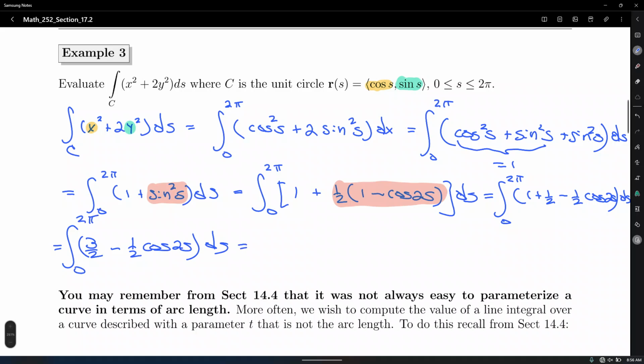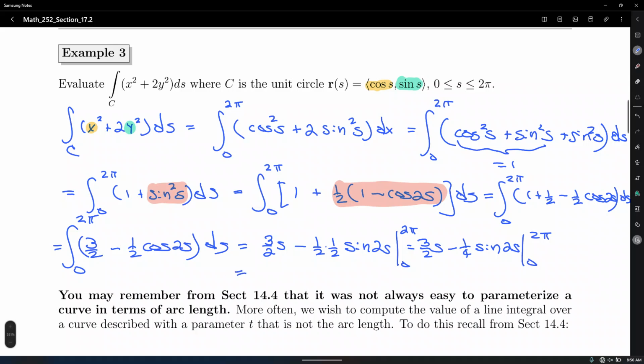That's the integral of 3/2, which is 3/2 s, minus 1/2 times the integral of cosine, which is sine 2s, but because of the 2s, there's another 1/2 involved. We evaluate this between 0 and 2 pi. That's going to give us 3/2 s minus 1/4 sine 2s from 0 to 2 pi.